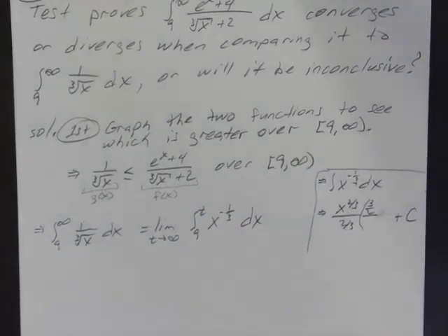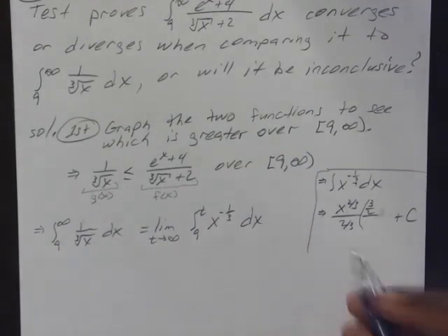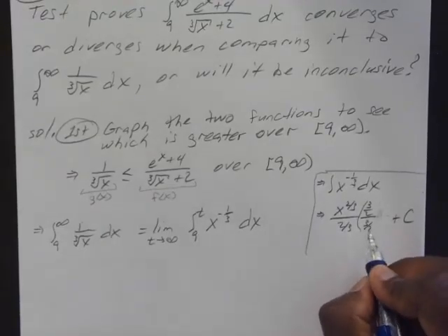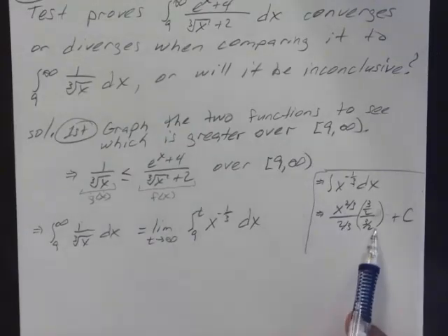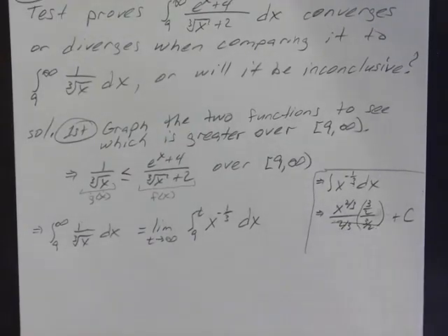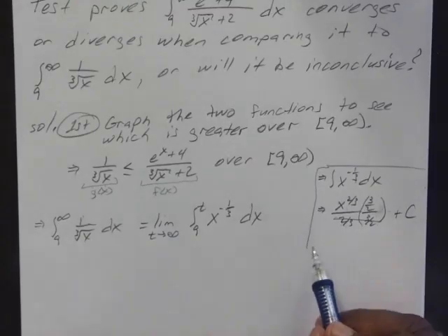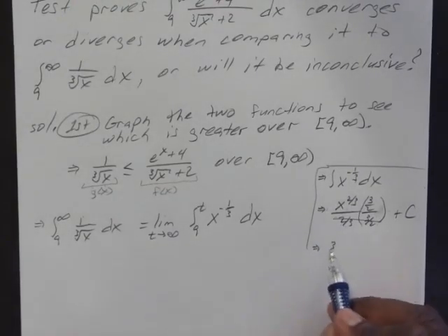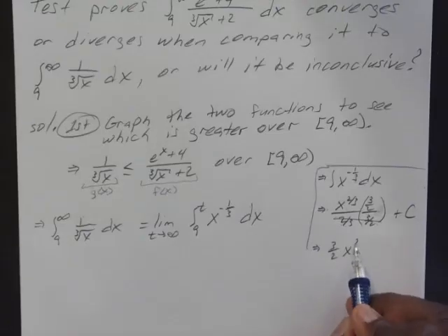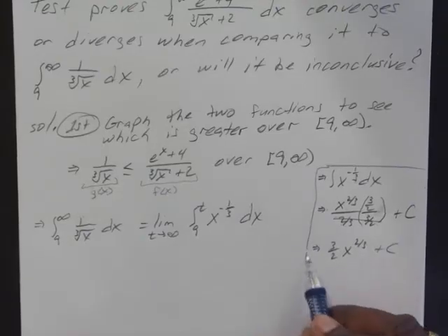So multiply this by 3 over 2 over 3 over 2. These two give you 6 divided by 6, which is just 1, so they cancel each other out. And that 3 over 2, we can just bring it right up here. So 3 over 2 x to the 2/3 power plus c.